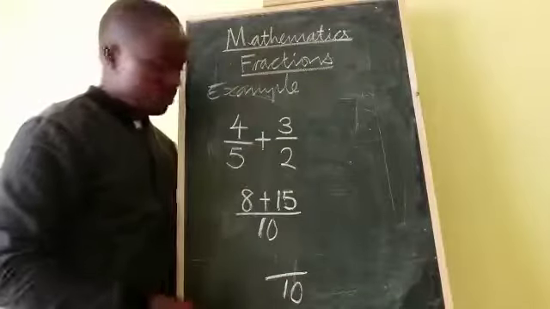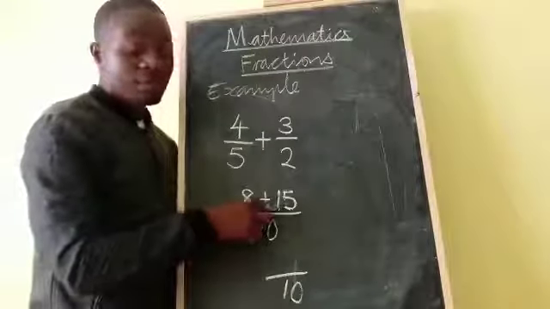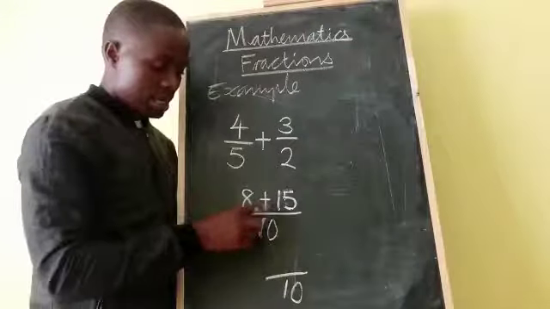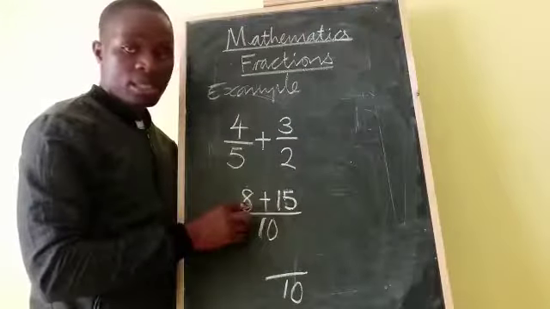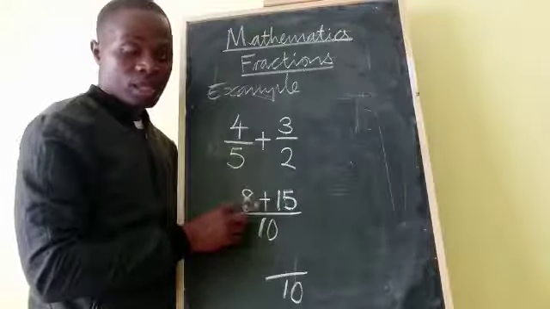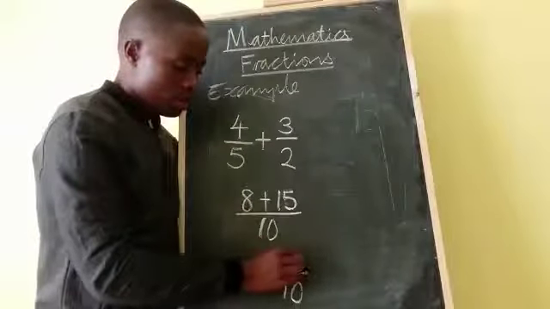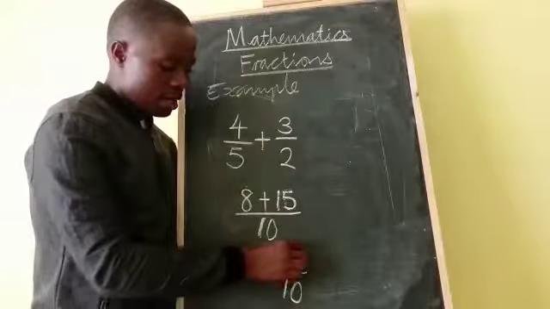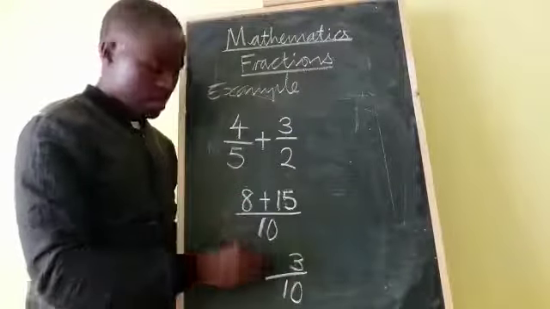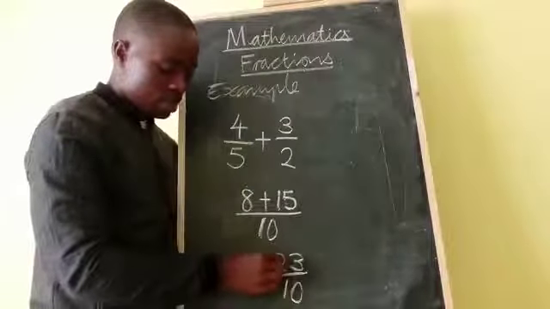Then you say 8 plus 15, that will give us 23, because 5 plus 8 will give us 13. So we write 3 and we carry a 1. Then 1 plus the other one we carry, that will give us 2, that is 23.